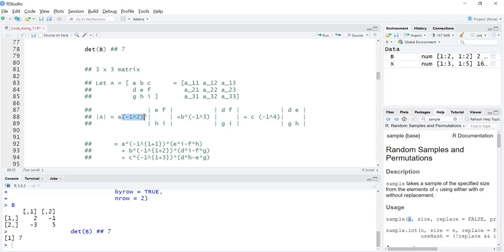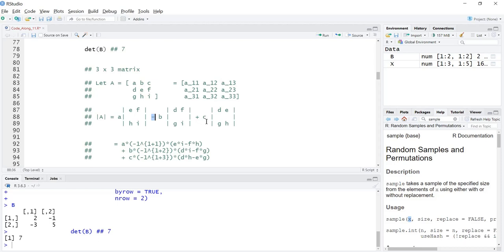Now I can choose not to write the negative sign here, and that's what you'll normally see in a textbook. You'll just see something like this, and then you'll see the negative here, and then you'll see a positive here, because they've already incorporated the -1 raised to the power if you're using that first row.